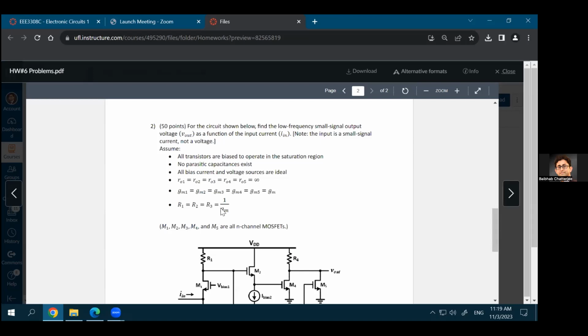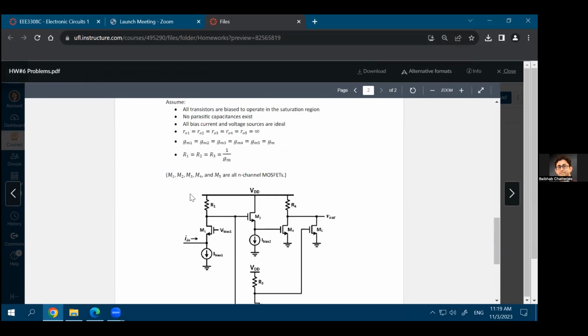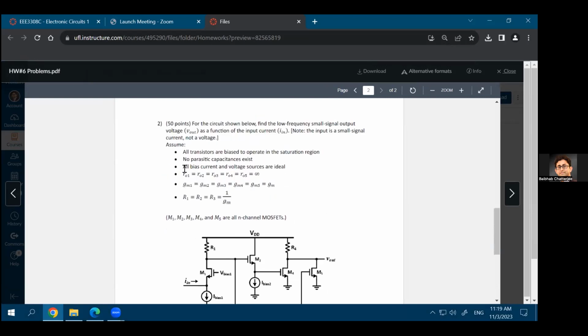The second part is something I wanted to discuss in a little bit more detail. So you see a much more complex circuit than whatever you have seen before. There are some parameters that are given that will help you to simplify things. It is given that R1, R2, R3, 4, and 5 all are equal to infinity. That means that all the output resistances are very high.